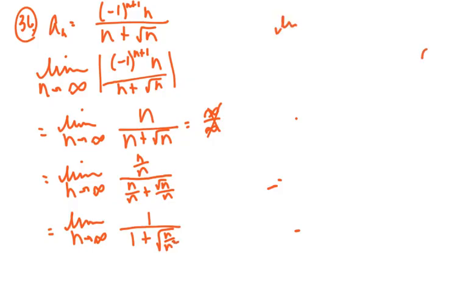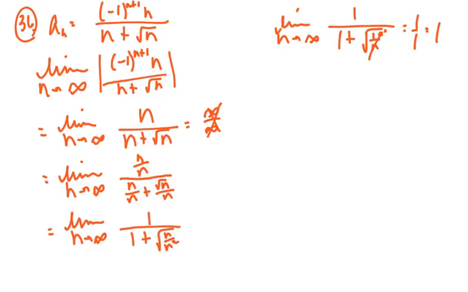So we have the limit as n approaches infinity of 1 over 1 plus 1 over the square root of n. Now, 1 over the square root of n goes to 0. So here we have 1 over 1.